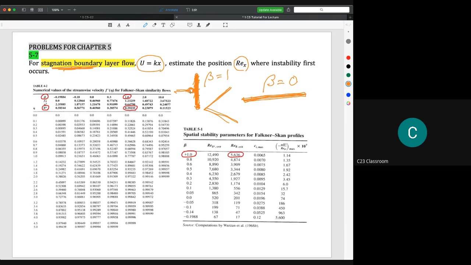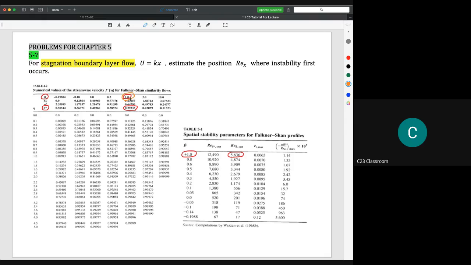So it stopped here before it changed its direction to another path. So we call this one a stagnation boundary layer because it starts with a stagnation here and then it starts to create the boundary layers on the plate. So from here, we know that the beta is equal to 1.